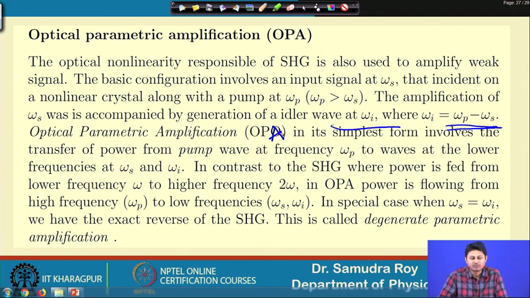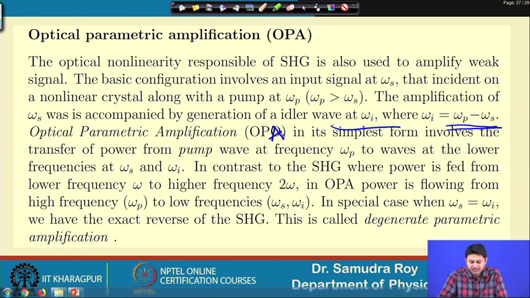In the previous class and this class also, we dealt with the generation of omega frequency from 2 omega frequency, and this omega and 2 omega are the degenerate frequencies. That is why they are degenerate.